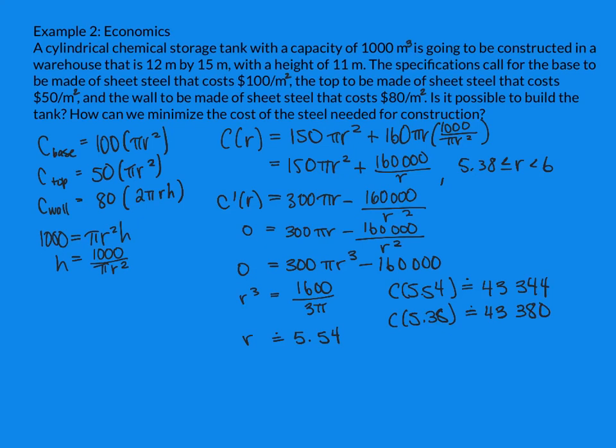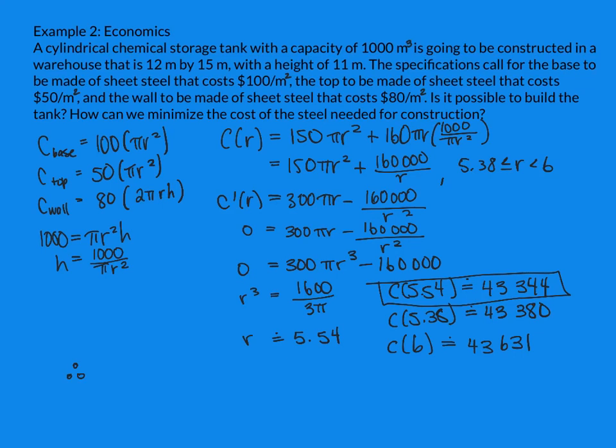So you can see why we're testing this, especially since we don't totally know what this function looks like. And the cost at the other endpoint is 43,631. So it does turn out that we get our minimum value here.